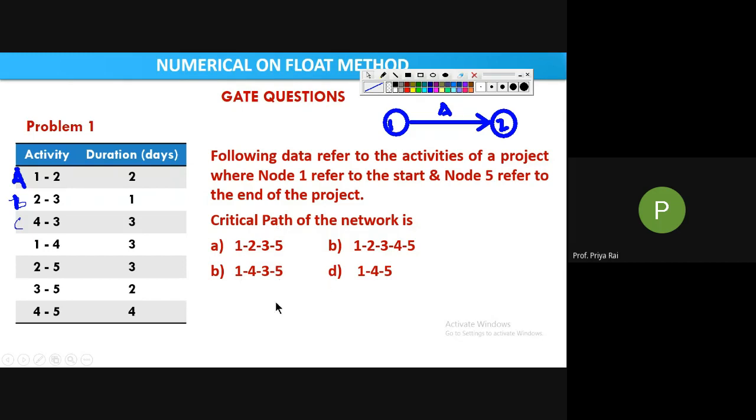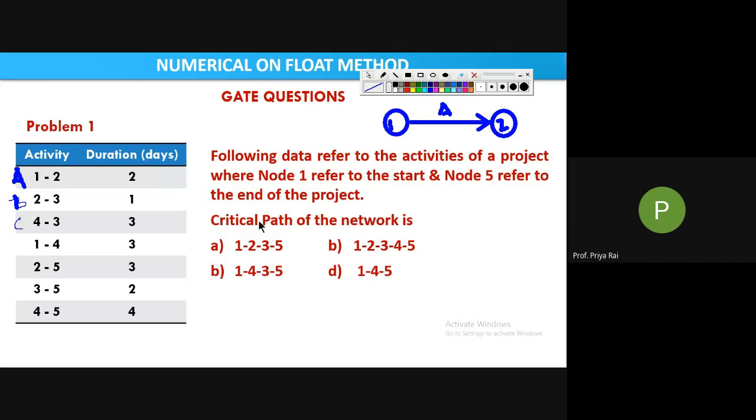So can we solve it? To determine which path is critical, there are many methods I've discussed: the slack method, the float method, and the shortcut method. Critical path is also known as which path? Shortest path or the longest path?